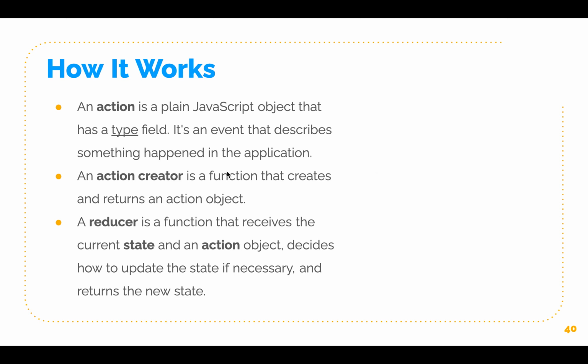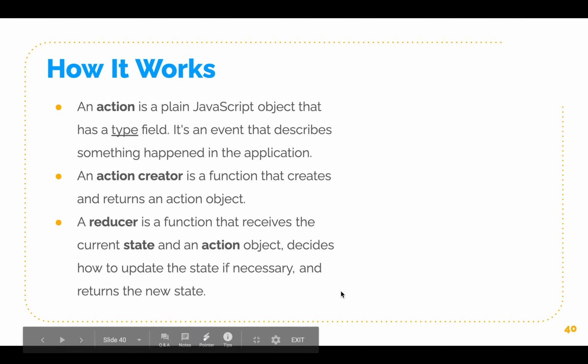An action creator is a function that creates and returns the action object. So maybe we have a method that says add to cart, and what it does is it takes in a parameter of the item that you want to add to the cart, and it returns this JavaScript object that Redux will then use to add that item to the application state. So it'll go into the cart state and it'll update that value.